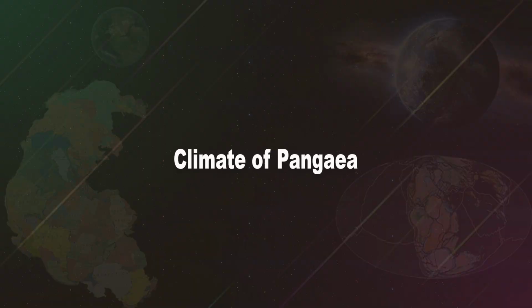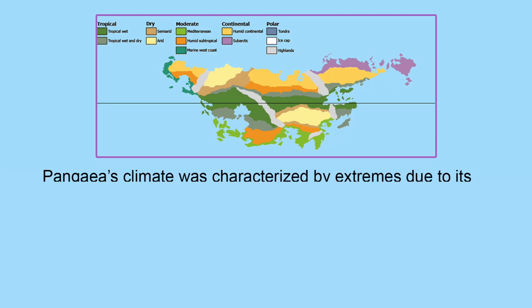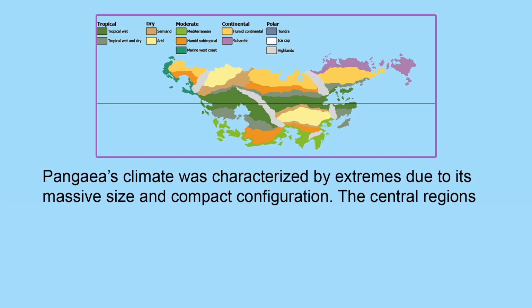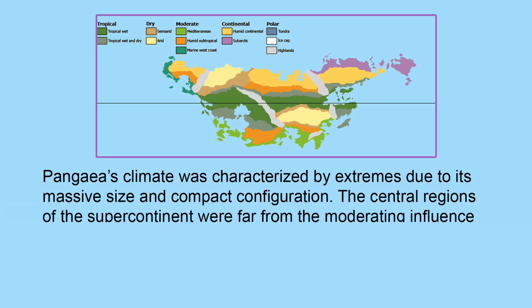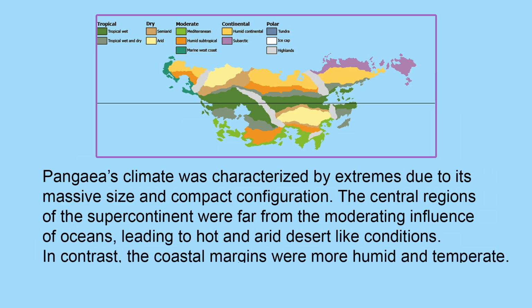So, let us have a discussion on the climate of Pangaea. Pangaea's climate was characterized by extremes due to its massive size and compact configuration. The central regions of the supercontinent were far from the moderating influence of oceans, leading to hot and arid desert-like conditions.